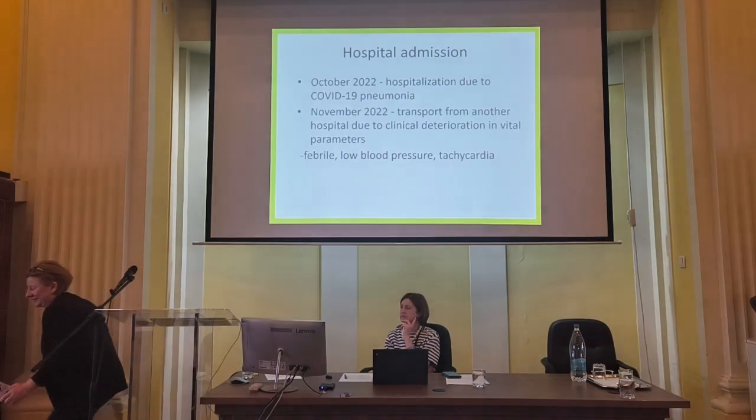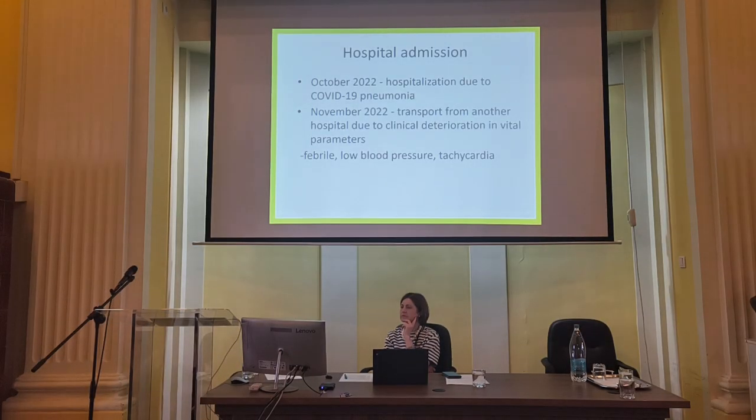Due to the deterioration in vital parameters, his clinical deterioration, he was admitted to our hospital's COVID-19 intensive care unit, and this happened later in November of 2022. Upon admission, he had severe bilateral pneumonia, he was febrile, hypotensive, tachycardic, indicating severe systemic infection and hemodynamic instability.